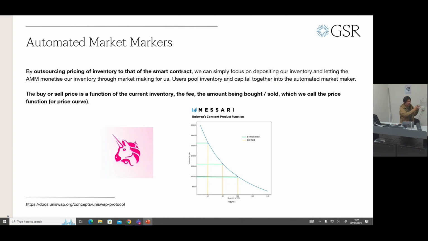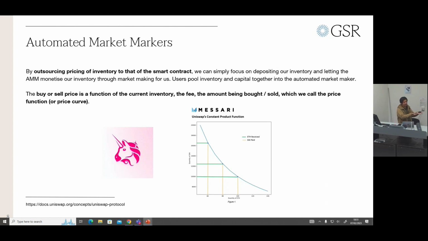But the algorithm working behind this is often quite static. Generally, most automated market makers on chain follow a static pricing function, which tells this automated program what to buy and sell its inventory at, what to buy and sell its tokens at.